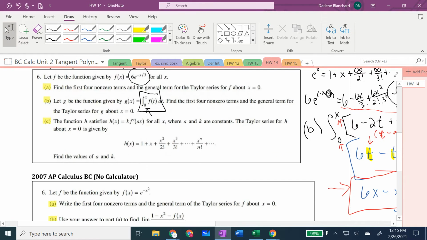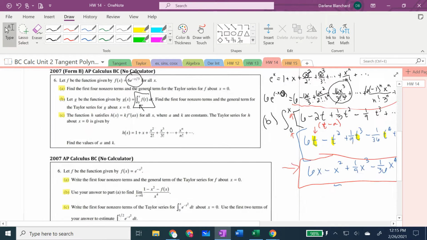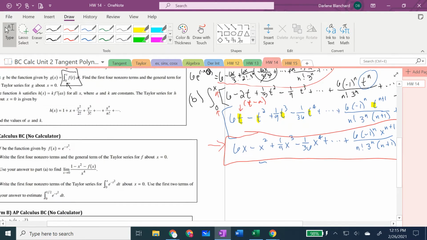Okay, then we hit part C. And there are a couple of different ways to work with part C. And I'm going to go ahead and just go through this as an infinite series. And I can show you the different answers you might get.